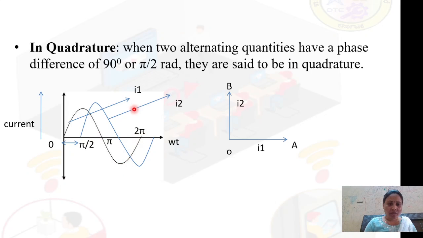And just look at the second diagram, that is I2. It starts at 90 degrees, at pi by 2, and reaches its maximum value at pi, and then it moves further. So just look at the phase difference between the two quantities I1 and I2, it is pi by 2. So there is a 90 degree phase shift or phase difference between I1 and I2.